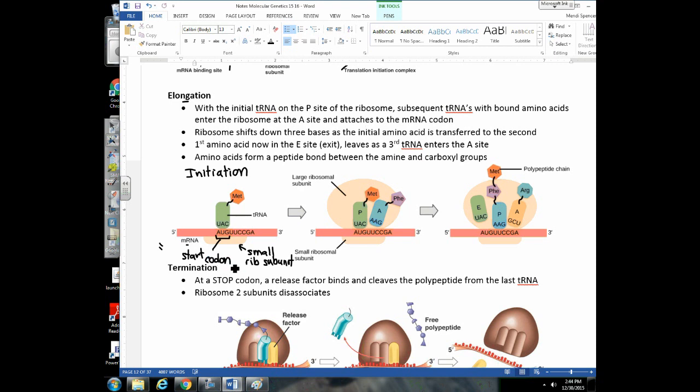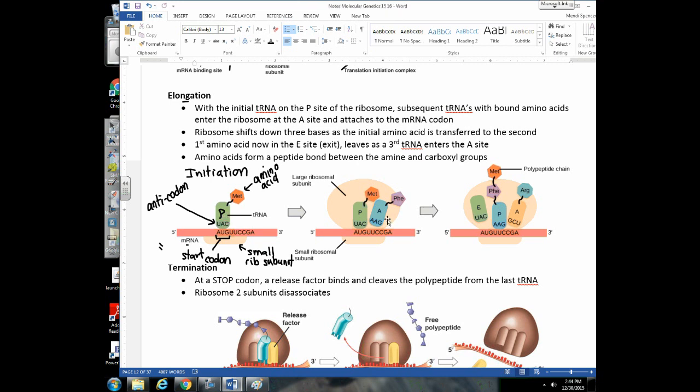So we have our tRNA, and it has 3 bases that are complementary. And those 3 bases are called the anticodon. And we see that it's carrying an amino acid. And AUG always codes for the amino acid methionine. And we know that this tRNA has landed in the P site on that ribosome. So all that's initiation. Now we're ready to extend this chain of amino acids, or elongate the chain of amino acids.